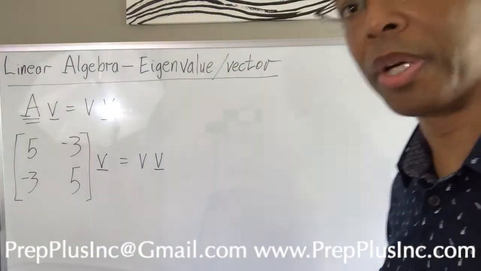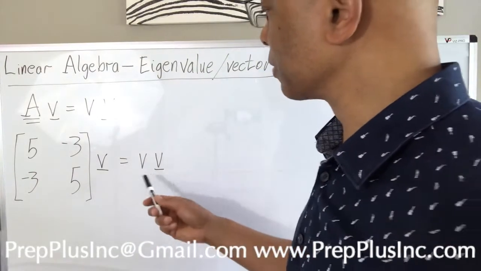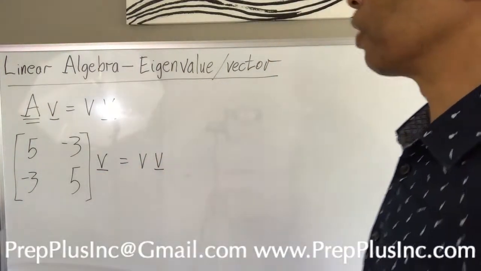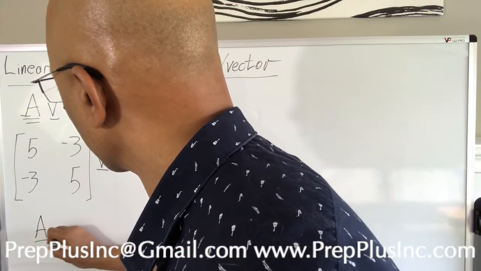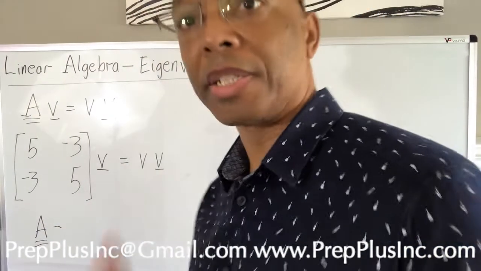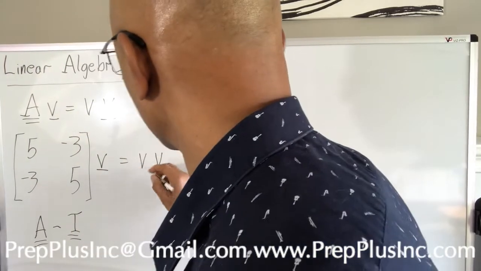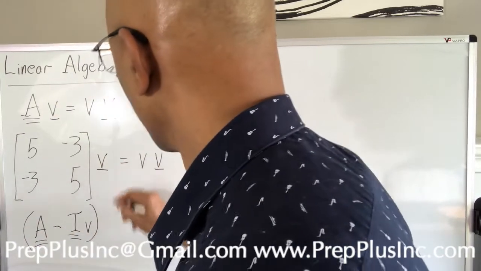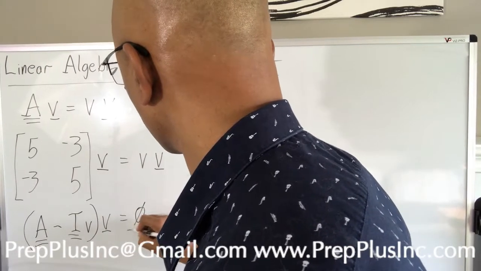What does this equation say to us? Well, we can actually rewrite this by subtracting the right-hand side from both sides. So that will give us matrix A minus the identity matrix times the scalar eigenvalue times eigenvector V equals the zero vector.